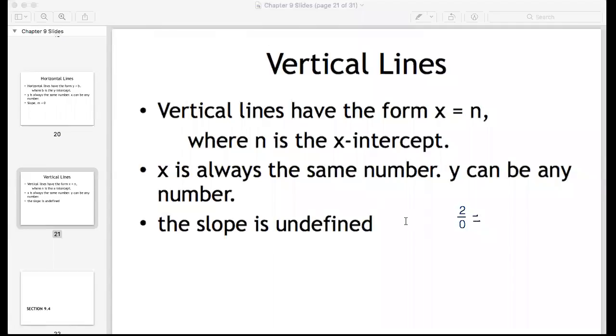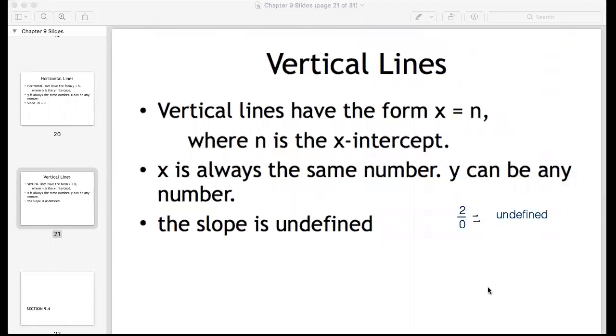If you plug that into your calculator, you're always going to end up with an error, and whenever you see that error come up, it's undefined. I remember it as 0 under, undefined, because it kind of goes together. As soon as I see that 0 in the denominator, I always say it's an undefined value, so I'm not going to use it. I have to say it's undefined, and it goes straight up and down.